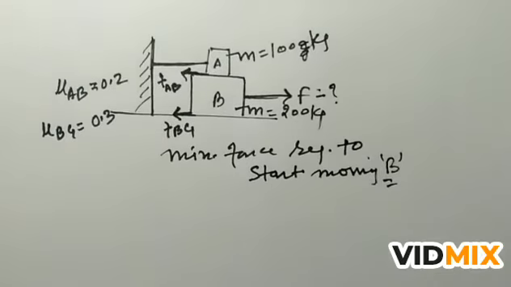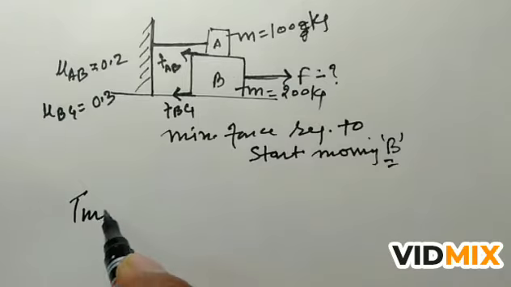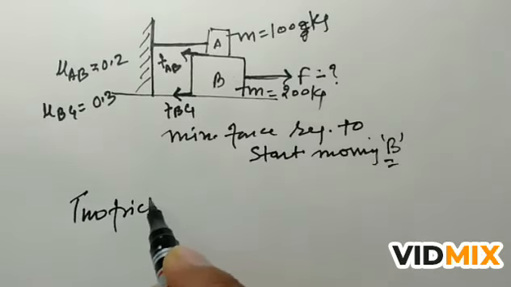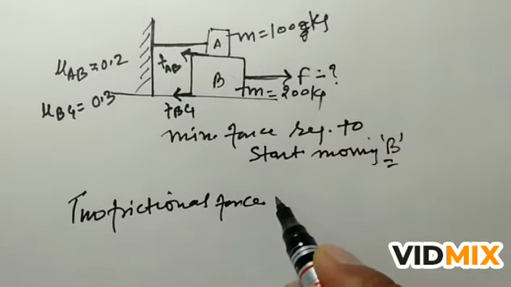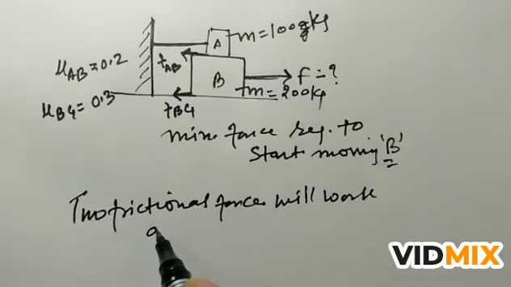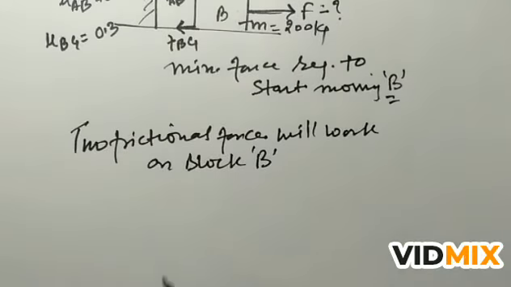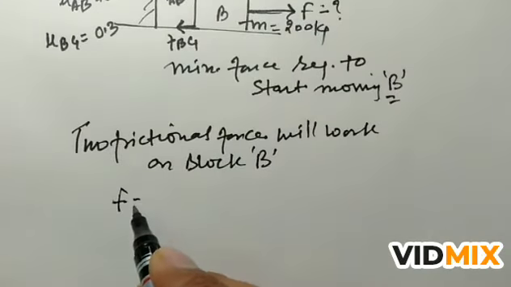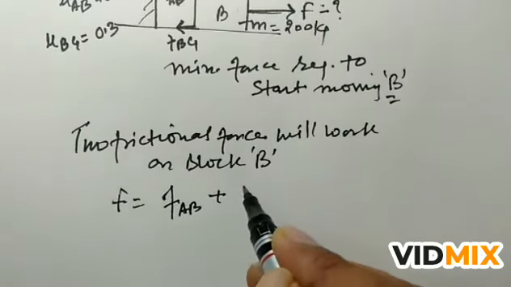Whatever the frictional force, there are two frictional forces that will work on block B, and their sum is equal to F. One is the frictional force from A to B, and the other is from B to the ground.